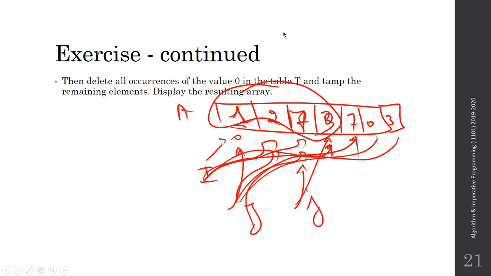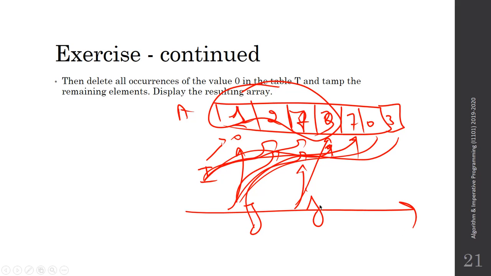So again, the idea is to have two counters, i and j. i traverses the array as usual from 0 to n. There's nothing we'll do with that, just a traversal of the array. However, in order to increment j, I will do that whenever the element pointed to by j is different than 0.